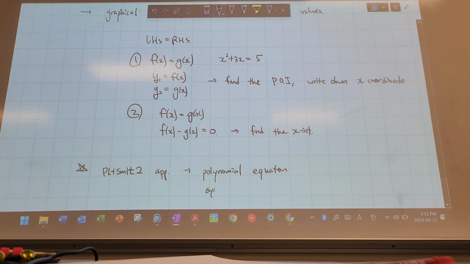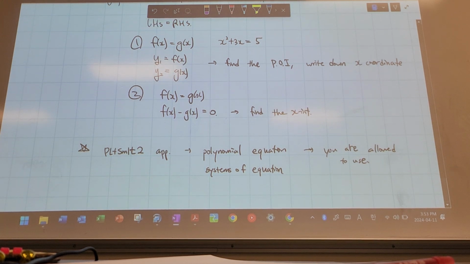Also, if you have a system of equations, like the one that we did yesterday, just note that these are available for you to use. So when you have a polynomial equation, don't go graphing that. Just use the PlySmlt2 application. Same thing for systems of equations. Pretty sure they're a lot easier and faster to use than graphing and then finding the point of intersection.